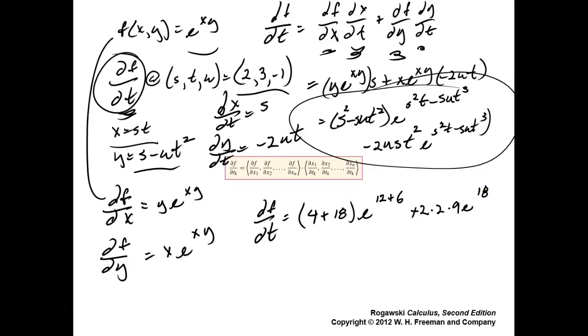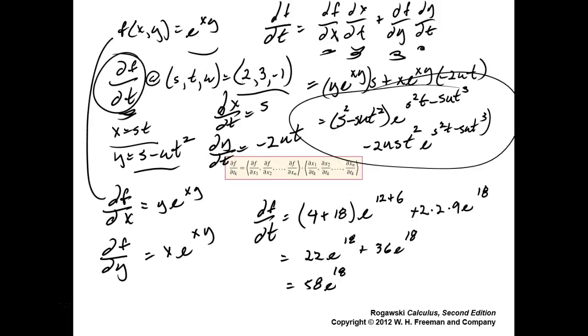Okay. I'm trying to do it fast because we're running out of time. This will be 22 e to the 18 plus 4 times 9 is 36 e to the 18, which I think is 58 e to the 18. Can that be true?